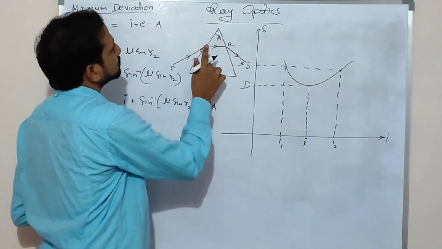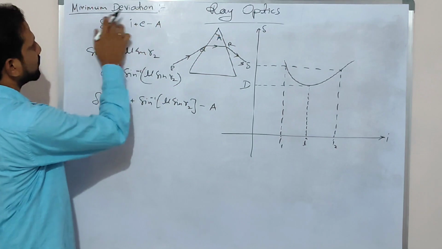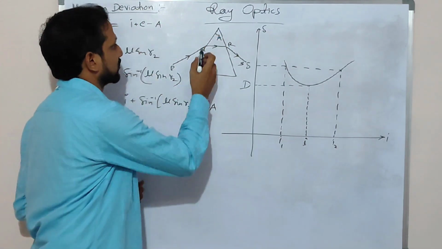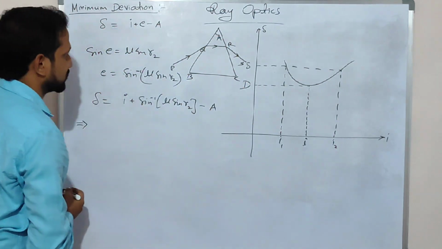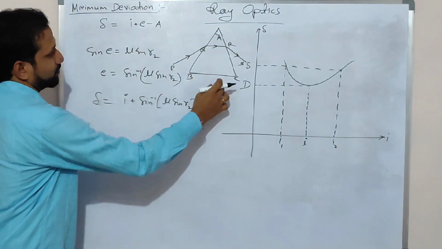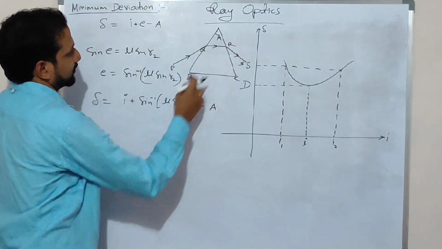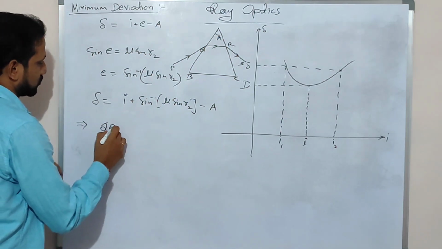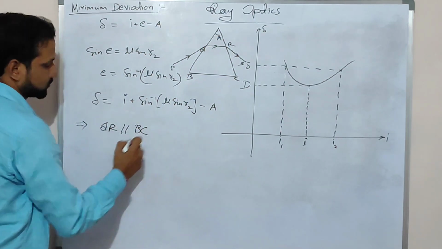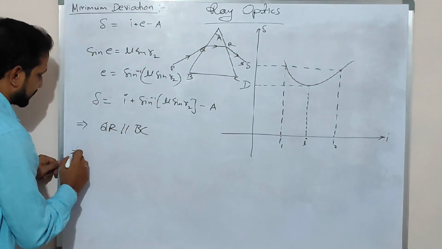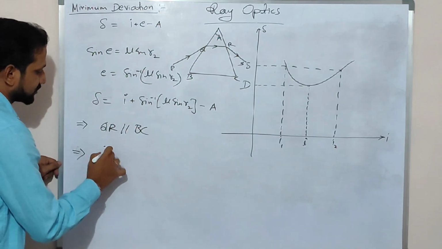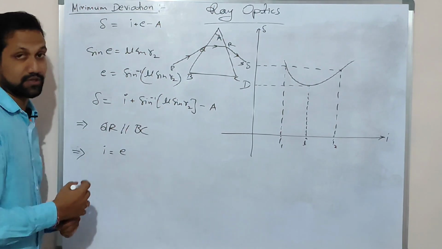In the minimum deviation condition, one condition is that the refracted ray QR is going to be parallel to the base BC of the prism. So QR is parallel to BC. Next, the angle of incidence and angle of emergence are equal.